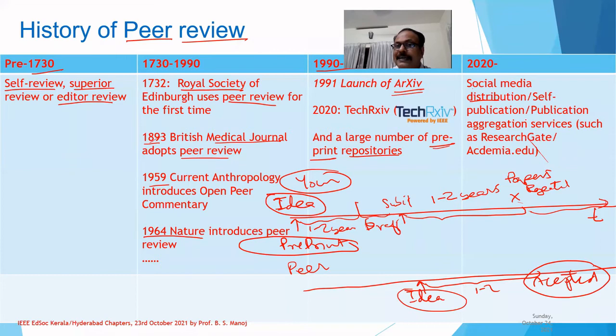Similarly, publication aggregation services such as ResearchGate and Academia, which allows people to see the paper, people to get alert about your paper. You can distribute your paper to a set of readers who have interest in seeing the paper and get their feedback, get a query and so on. So your paper will get a better reach, better visibility if you avail these kind of services.